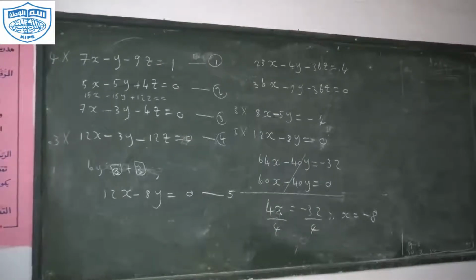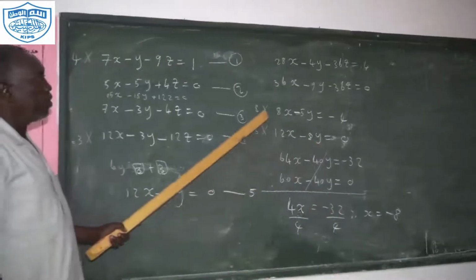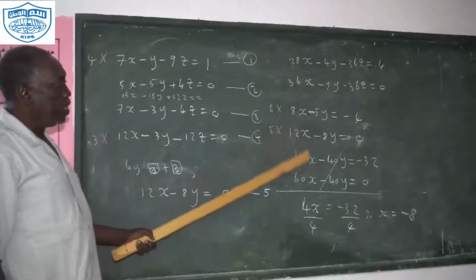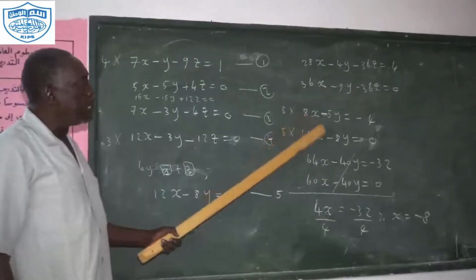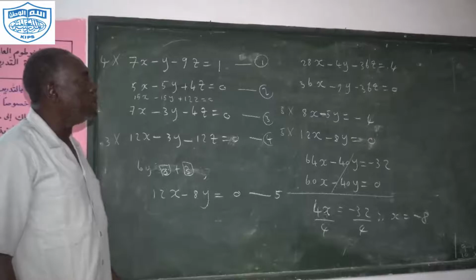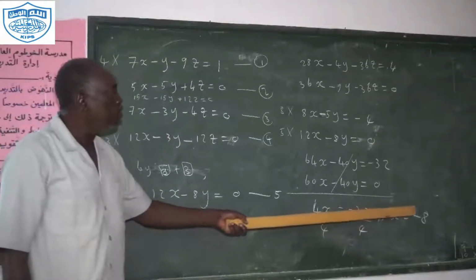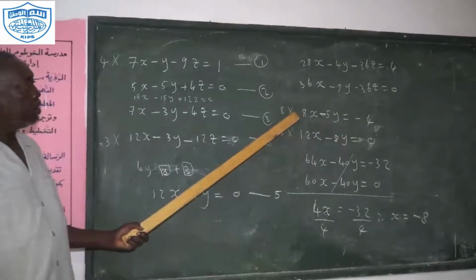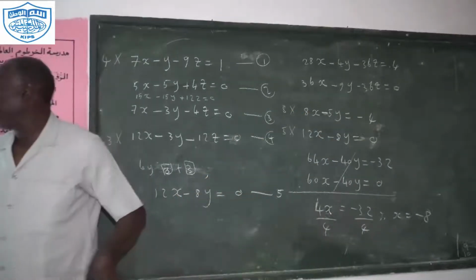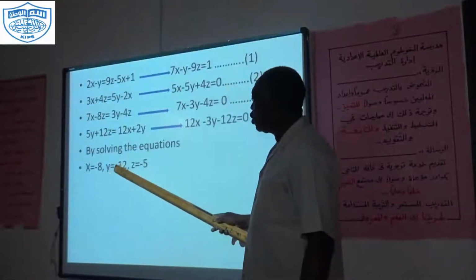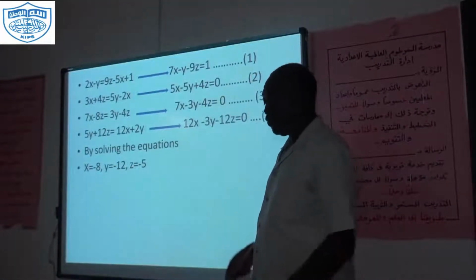By the same manner, if I substitute the value of x here, you can find the value of y. You find that x equals negative 8, y equals negative 12, and z equals negative 5.